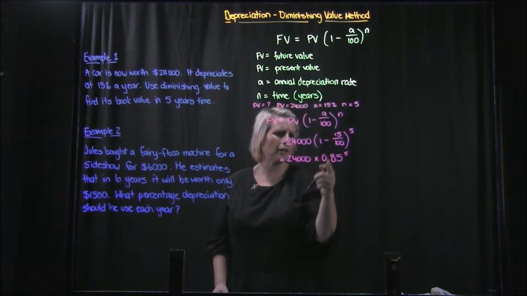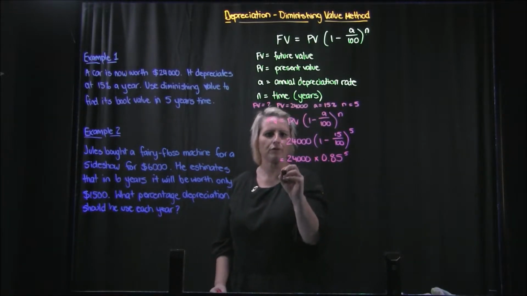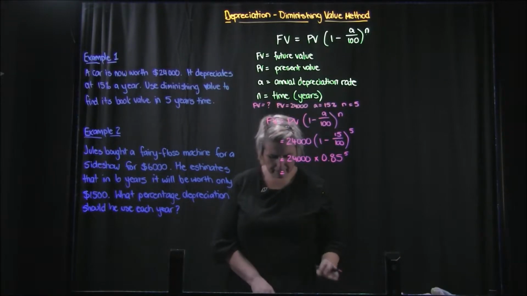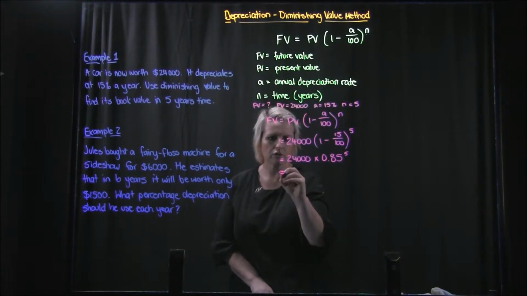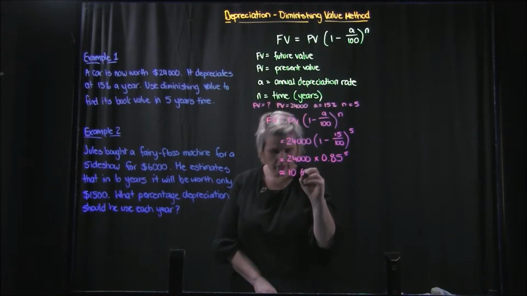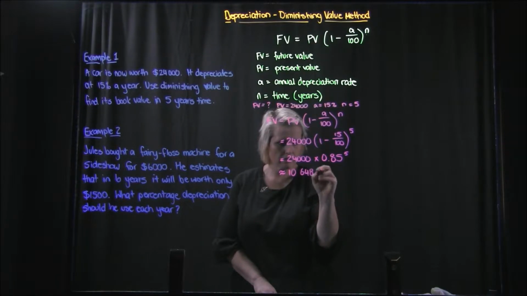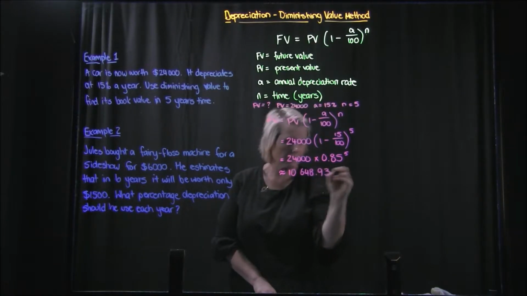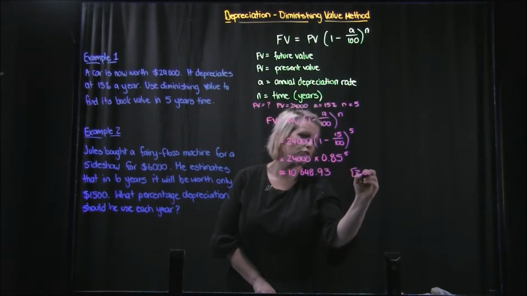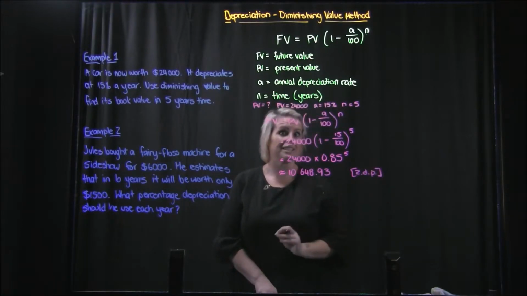So I put that in my calculator, 0.85 to the power of 5 multiplied by 24,000, and I should approximately get $10,648.93. I've rounded to 2 decimal places because we're dealing with money.